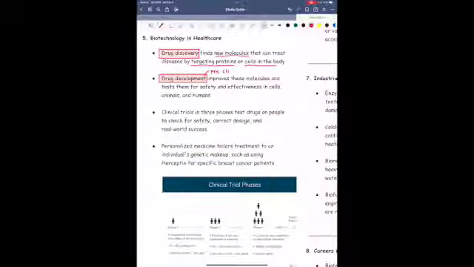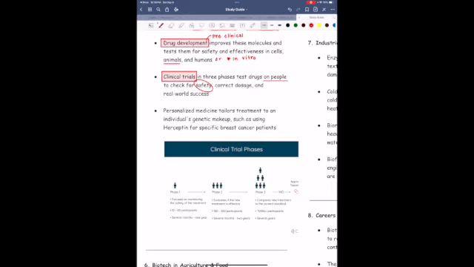So clinical trials, these are going to be on people, mostly volunteers. And here they're going to check for three things. They're going to check for safety, right? They're going to check for dosage, and they're going to confirm that this drug will work. So success of the drug.